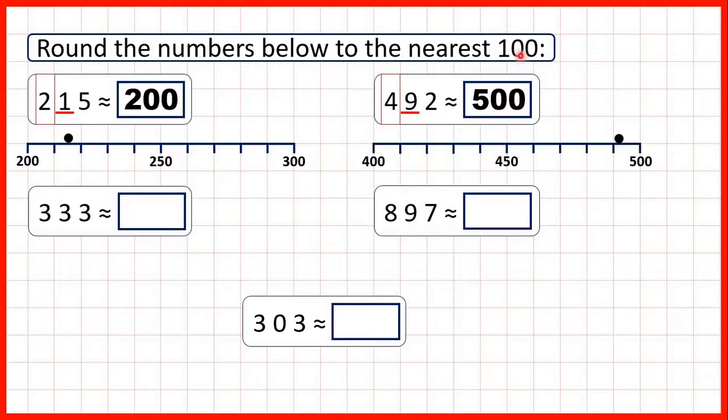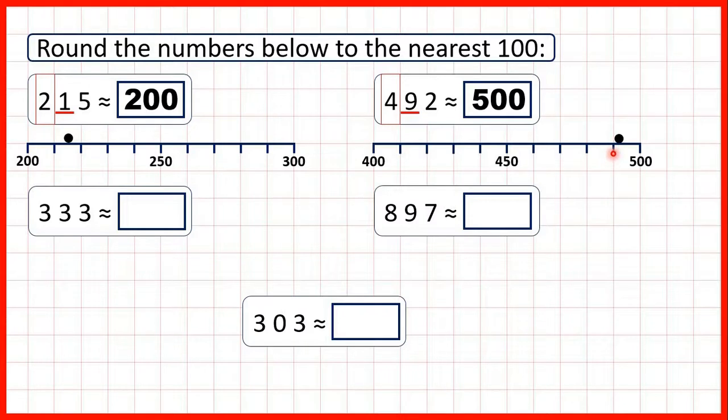Now, if I were counting in hundreds, I would count 100, 200, 300, then 400, then 500. And 492 is between those multiples of 100. But because it's closer to 500, we round up. Remember, each of these squares is an increase of 10.